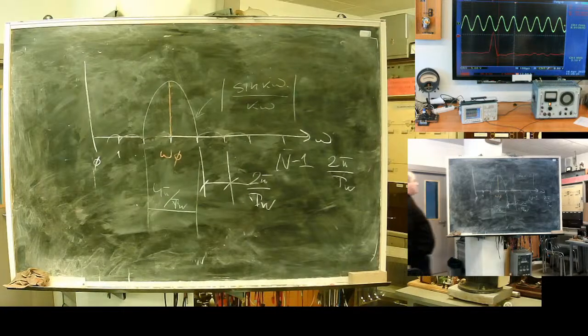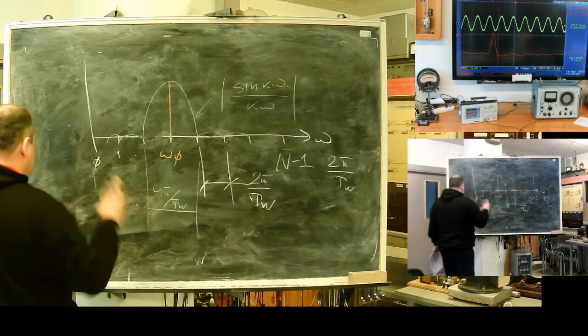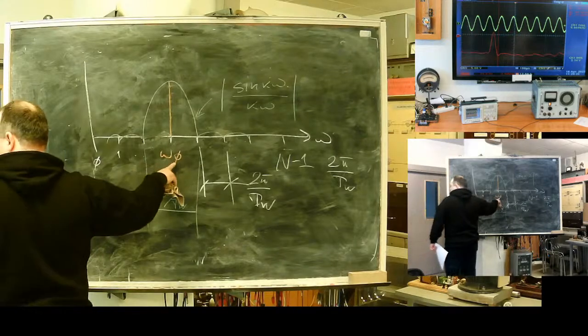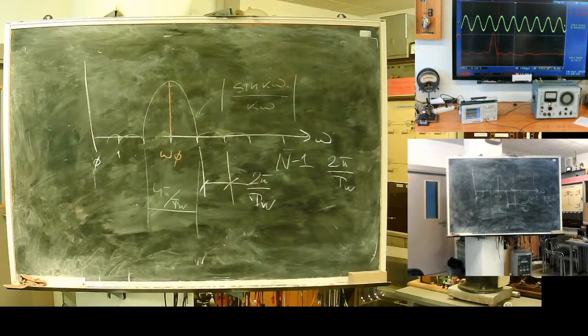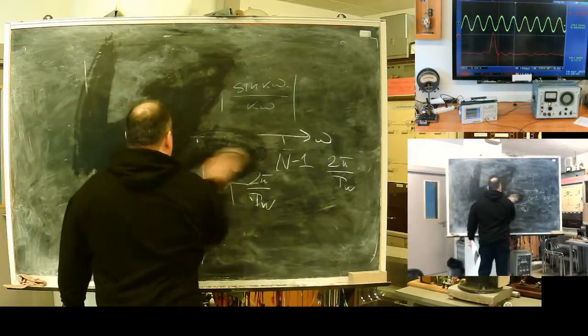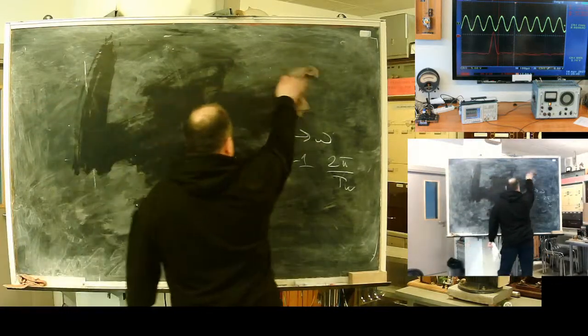Can there be a bad case? When will there be a bad case? Suppose the frequency of the signal is 10 kilohertz, exactly matching a multiple of the sampling frequency. There can be a bad case.